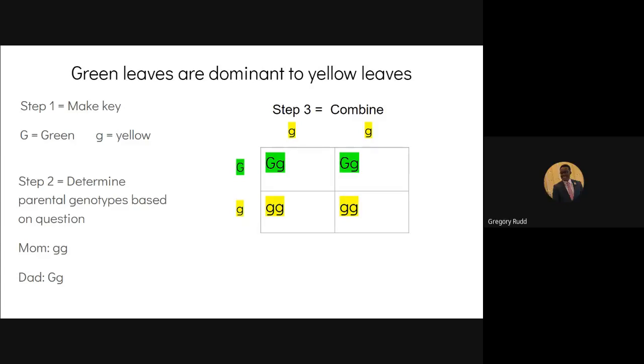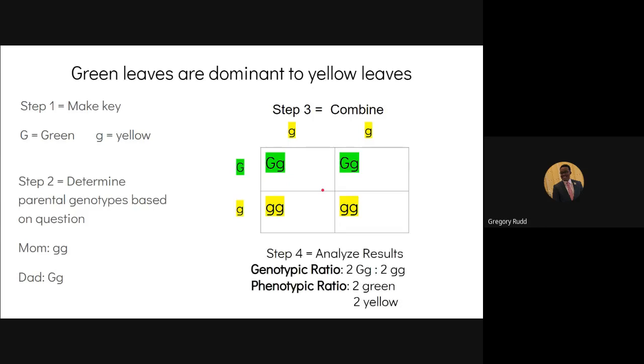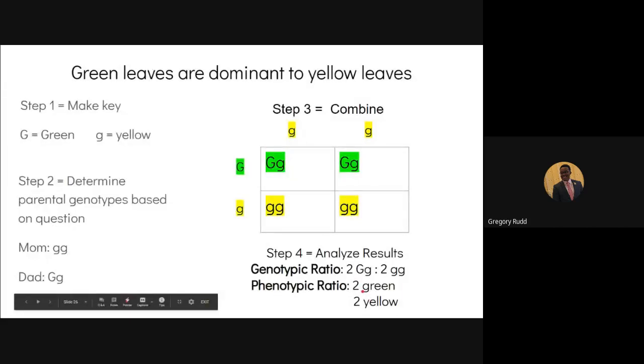What are the chances of an offspring being heterozygous? 50%, good. What are the chances of an offspring being homozygous recessive? 50%. Excellent. So in this case it's pretty easy, because the chances are always going to be 50%. So there's your genotypic ratio, there's your phenotypic ratio, 2 to 2, 50%, 1 over 2, however you would like to say it.